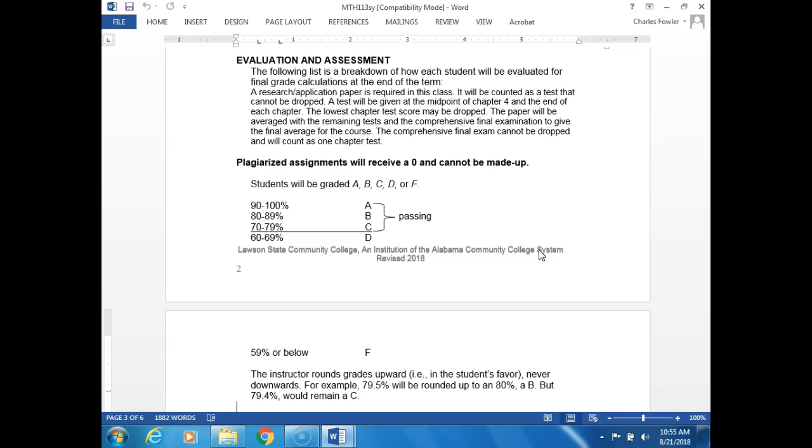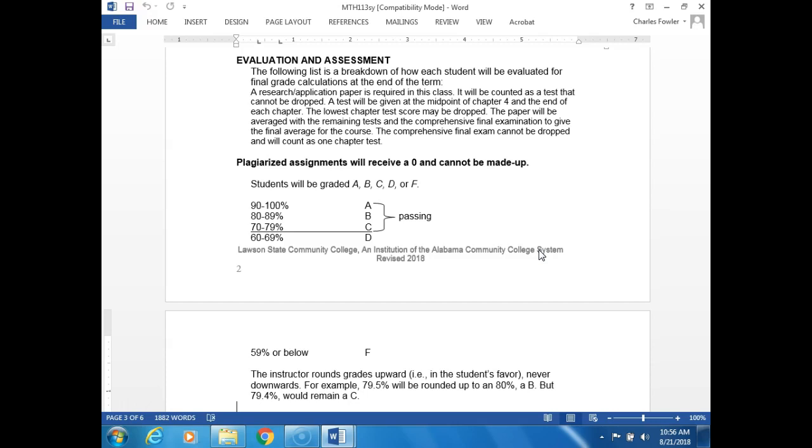So the comprehensive final exam cannot be dropped. It will count as 1 chapter test, because normally it would be a 2-hour test, but because it's at the end of the term and you have 2 of them to do, I give you a very short chapter 6 test and a very short comprehensive test. They add up to 1 regular test, but they count separately. And then they put in this thing about plagiarism, which is true.